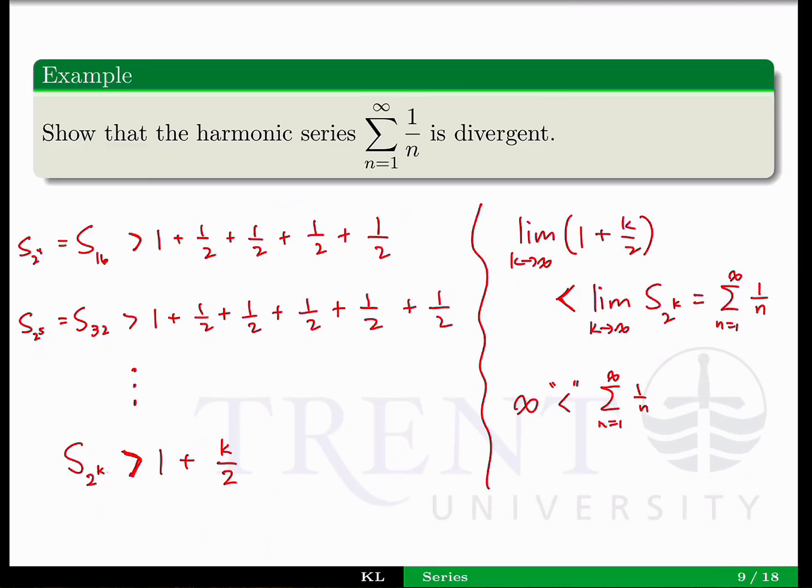And this shows that the harmonic series 1 over n from 1 up to infinity is divergent. So that's how we show that the series is divergent. Okay?